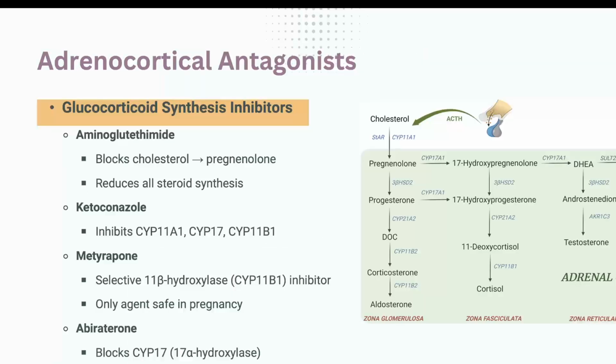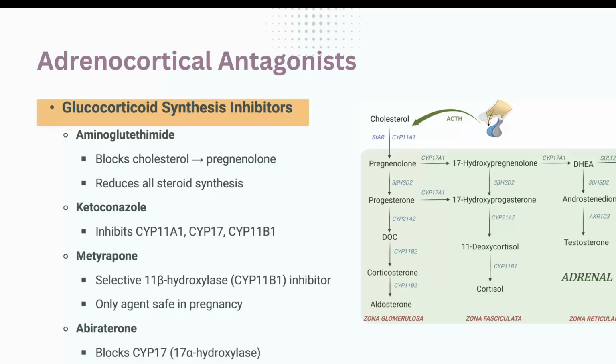Now we have a number of drugs that counteract the action of different kinds of adrenocorticosteroids, like for example, drugs that antagonize the action of adrenal androgen, drugs that antagonize the action of glucocorticoid, and also drugs that antagonize the action of mineralocorticoid.